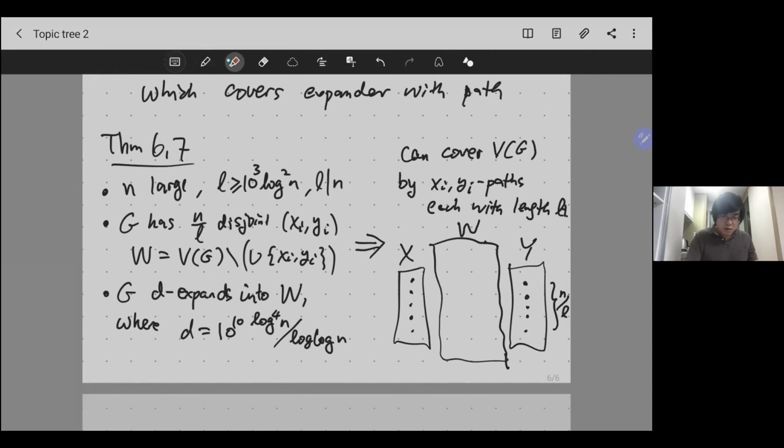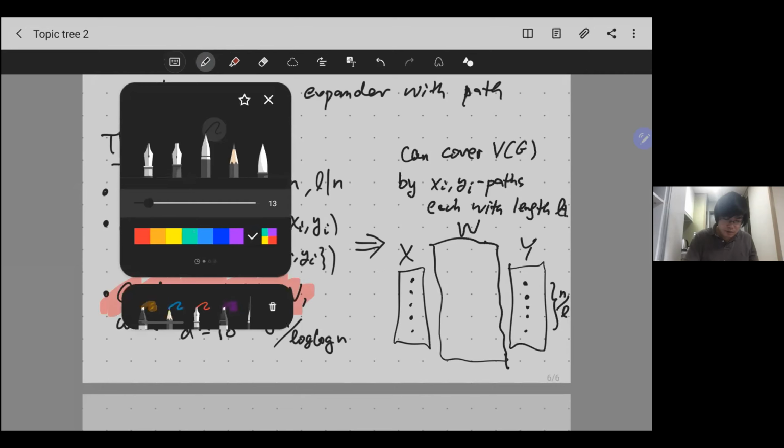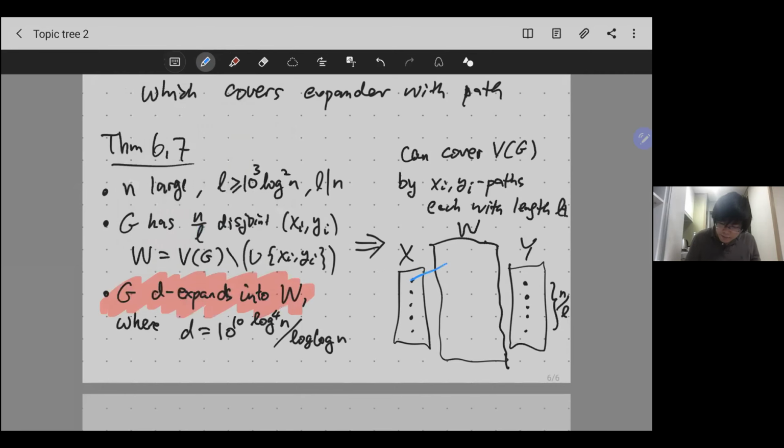The only important condition here is that G expands well. If G expands well, then we can find paths vertex disjointly that cover the whole vertex set. We cover everything.